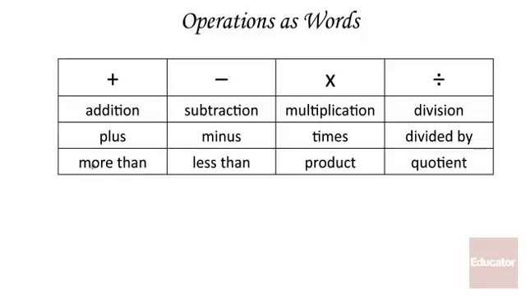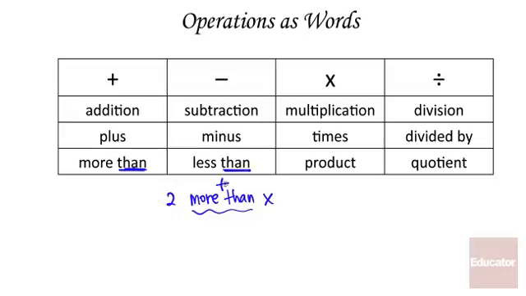Now, when you see the words "than" being used, you're going to actually switch the order. For example, if I say 2 more than x, we know that this means plus.